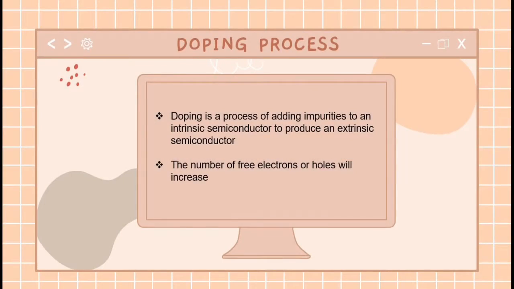Doping process is a process of adding impurities to an intrinsic semiconductor to produce an extrinsic semiconductor. It is also to improve the conductivity of the semiconductor. The number of free electrons or holes will increase.